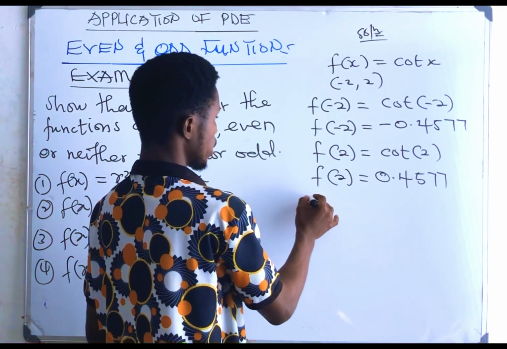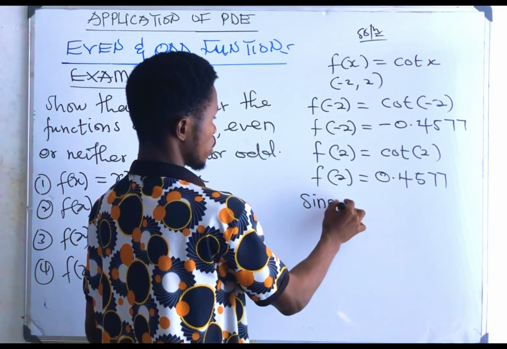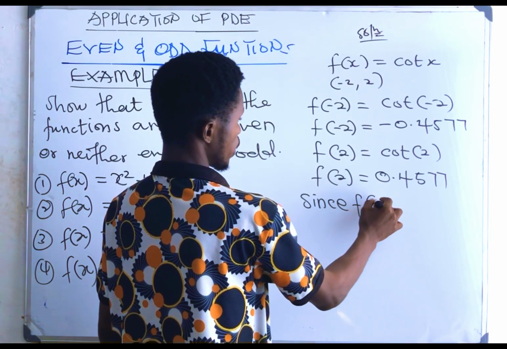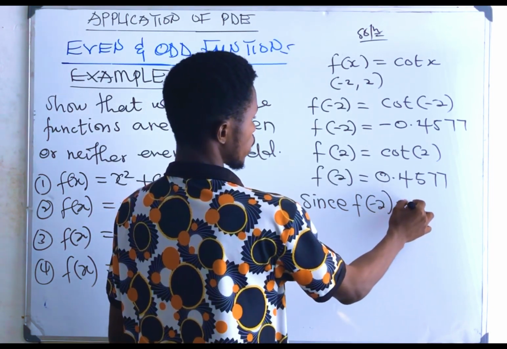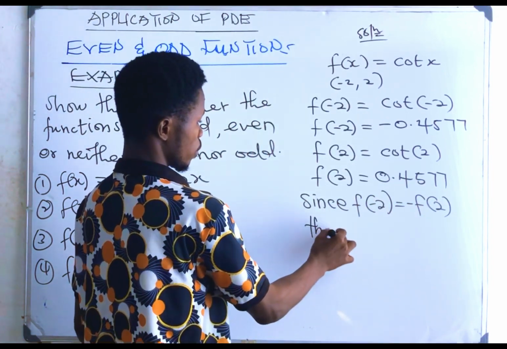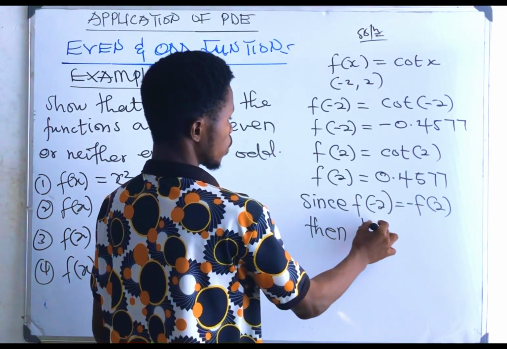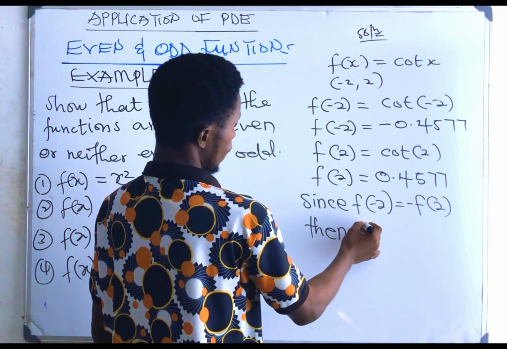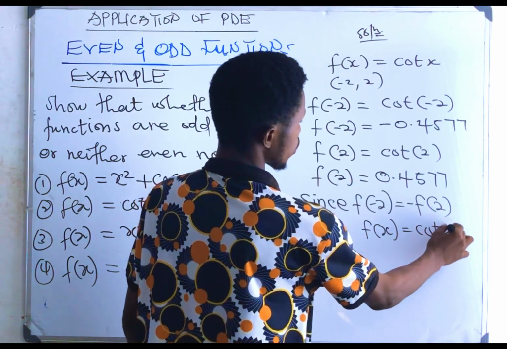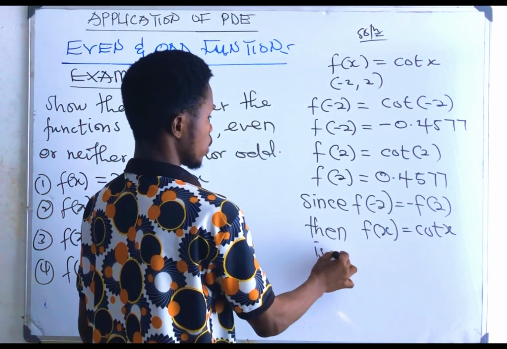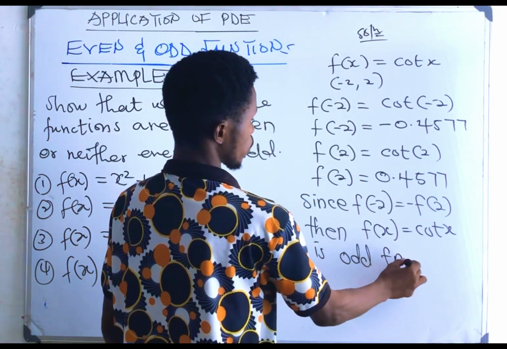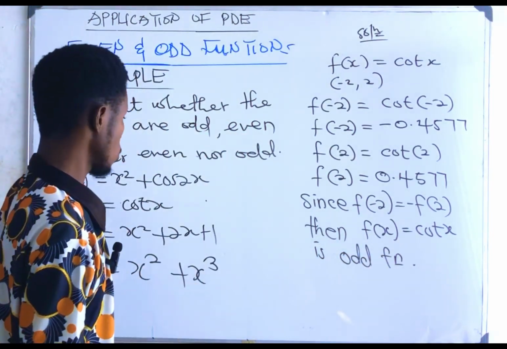So we can conclude that since f(-2) is giving us negative f(2), then f(x) = cot x is an odd function. Is that okay? Good.